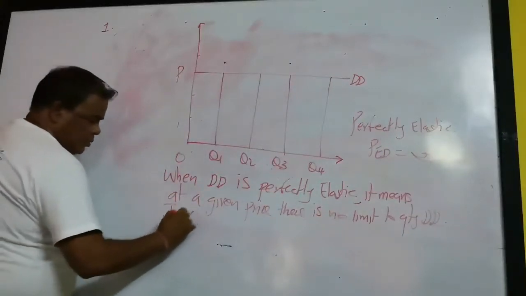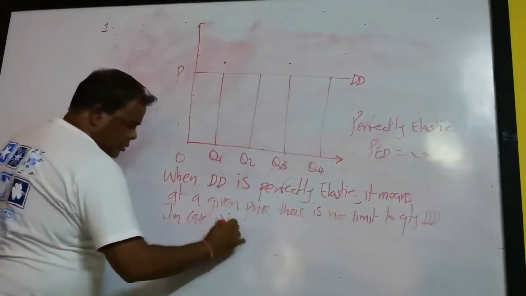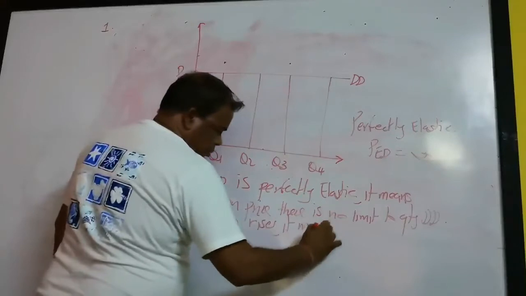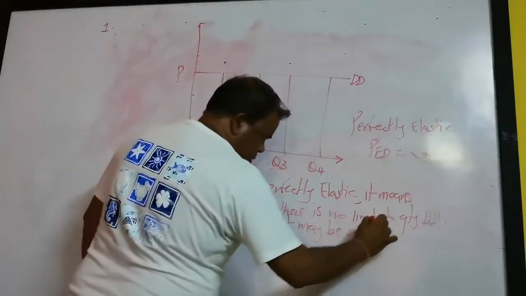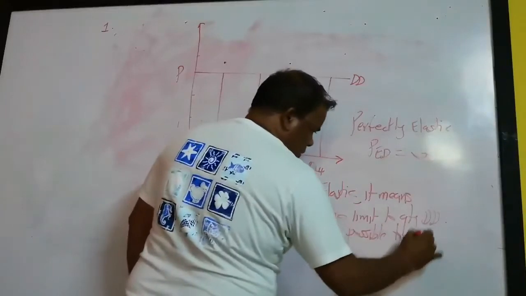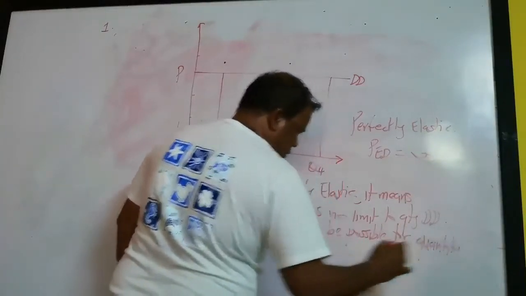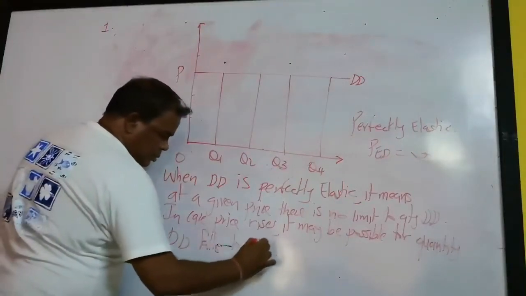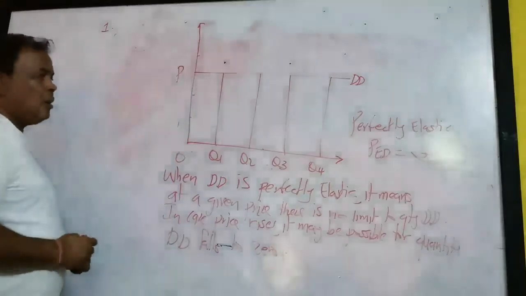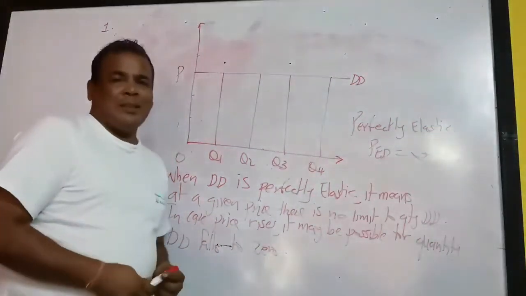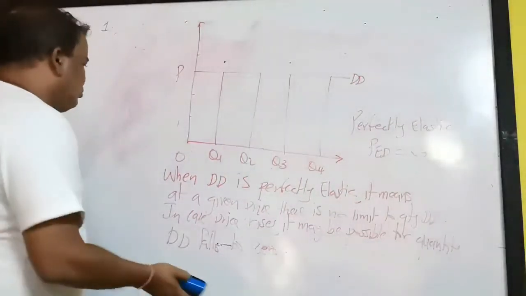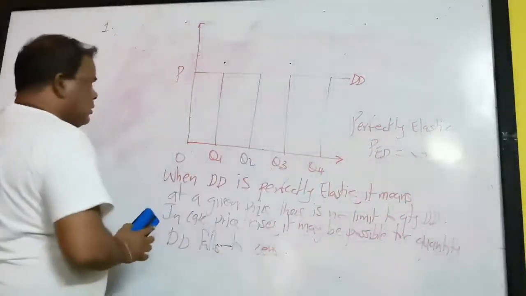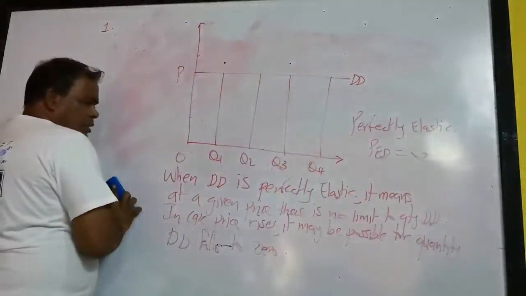In case price rises, it may be possible for quantity demanded to fall to zero. So here we are concerning perfectly elastic demand. When price is the same at a given price, there is no limit to quantity demanded. Price remains fixed. Quantity demanded keeps on changing.